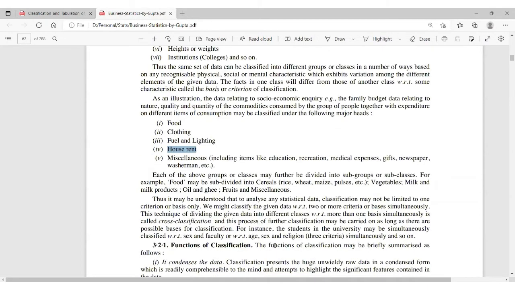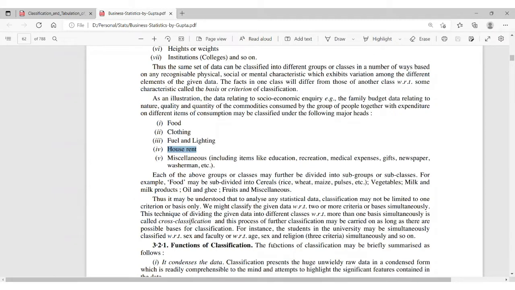So we can segregate that, for example, low-income people spend this percentage on food, this percentage on clothing, this percentage on fuel and lighting, and on house rent and miscellaneous. Similarly, rich people spend this percentage.